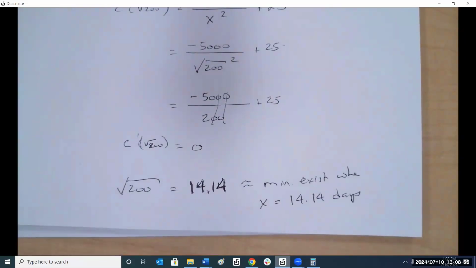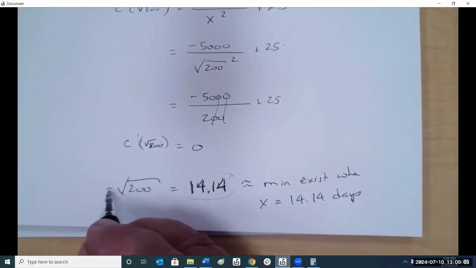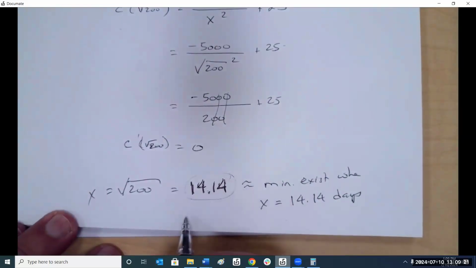So you'll get the minimum, it occurs at square root 200. Remember, X represents the number of days. So you'll get the minimum when we do our orders and store it for 14.4 days. So approximately 14 days.